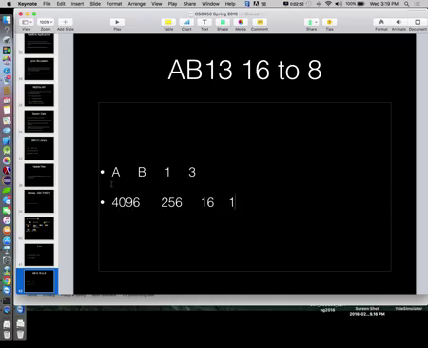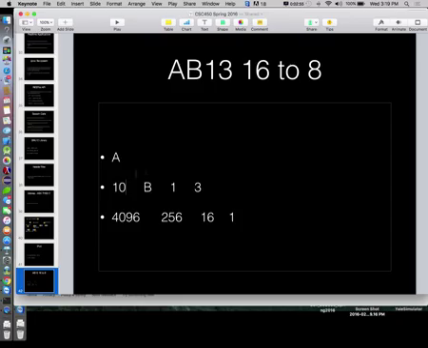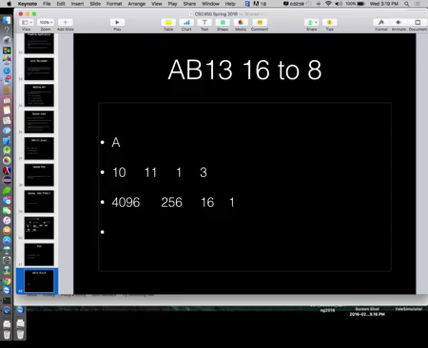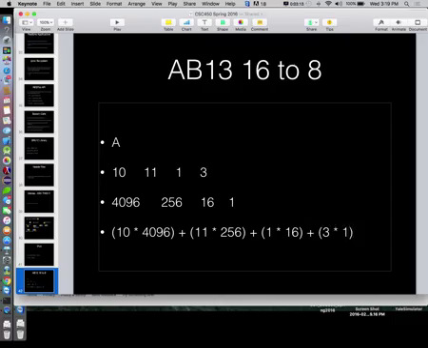All right, and A is actually a 10, B is actually an 11. So this guy is 10 times 4096 plus 11 times 256 plus 1 times 16 plus 3 times 1.